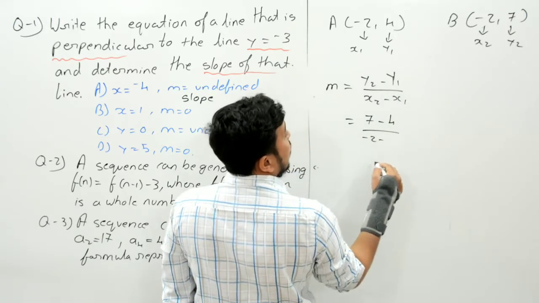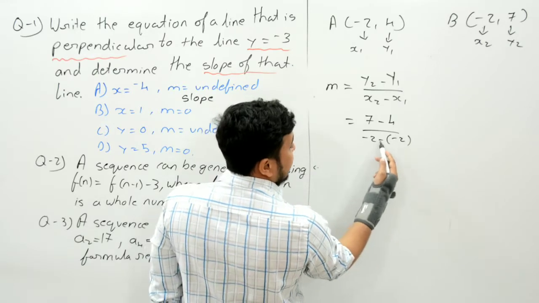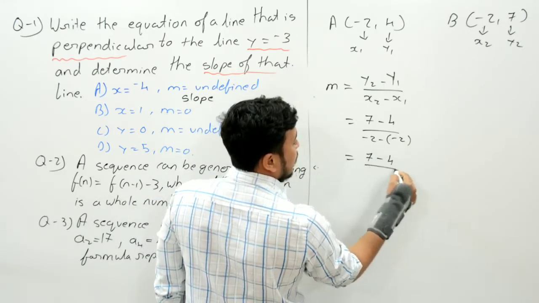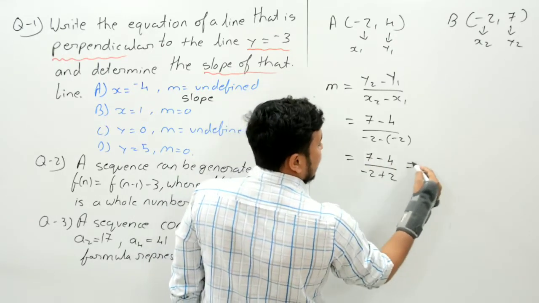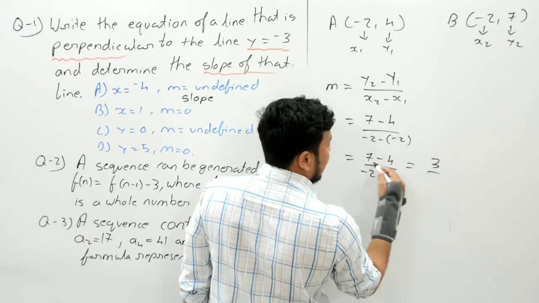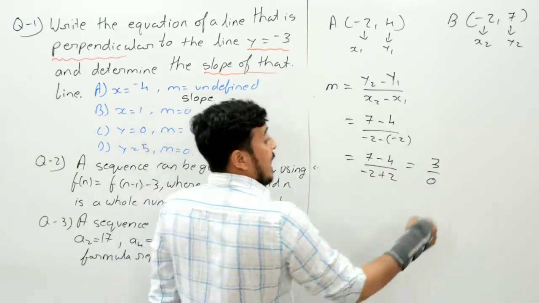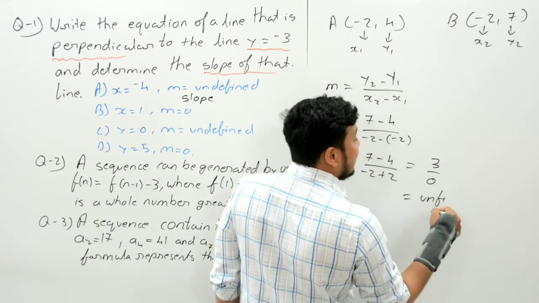Minus 2. What is x1? That is also negative 2. So that is negative 2 minus negative 2. That will be 7 minus 4 over negative 2 plus 2, which is 3 over 0. And this will be equal to undefined.